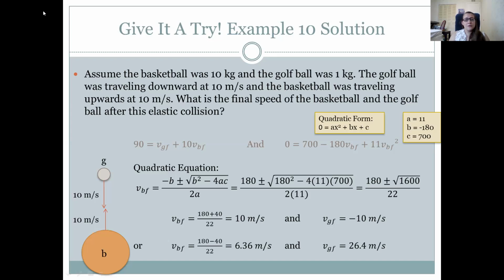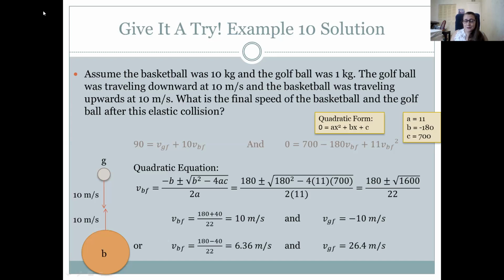True. But if we look at the first set of answers, it tells us that the final velocity of the basketball is upward at 10 meters per second, and the final velocity of the golf ball is downward at 10 meters per second. And that's the same as the initial conditions of this situation, right? So this first set of answers is telling us about what would happen if there weren't even any collision to begin with.